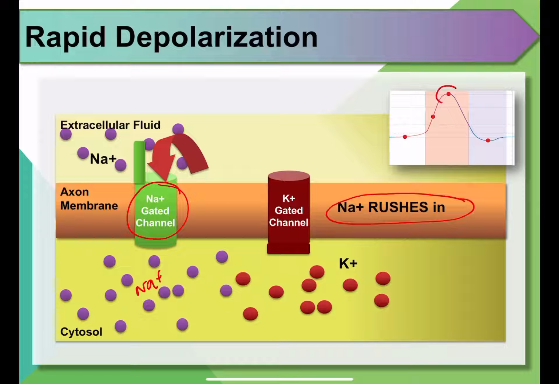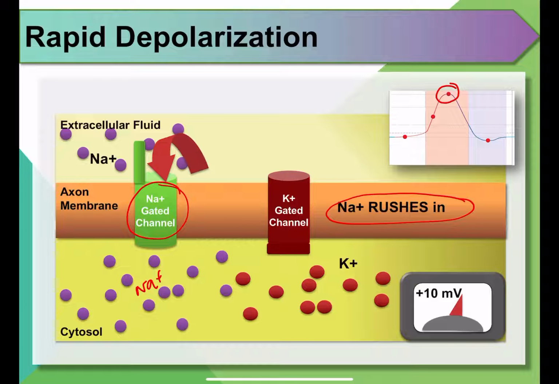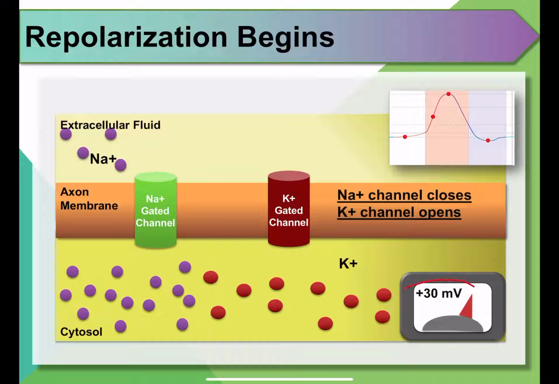And we are at this point of the graph where we're climbing up to positive 30 millivolts. Once we are at positive 30 millivolts, that's the peak right here of our action potential graph.